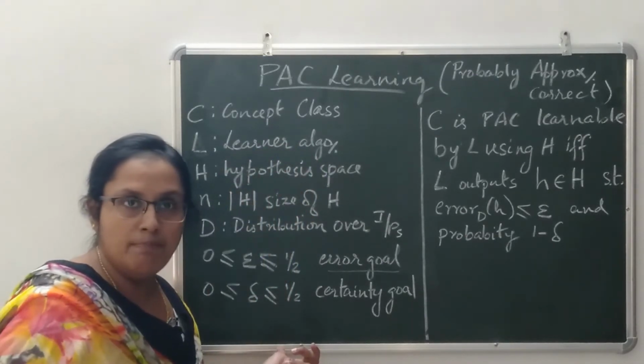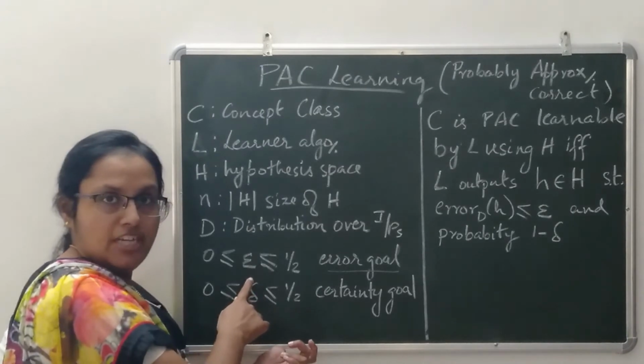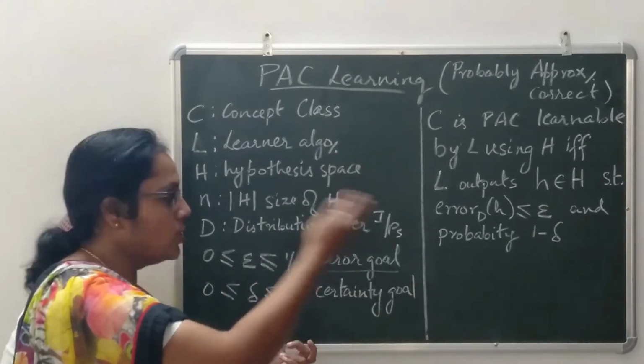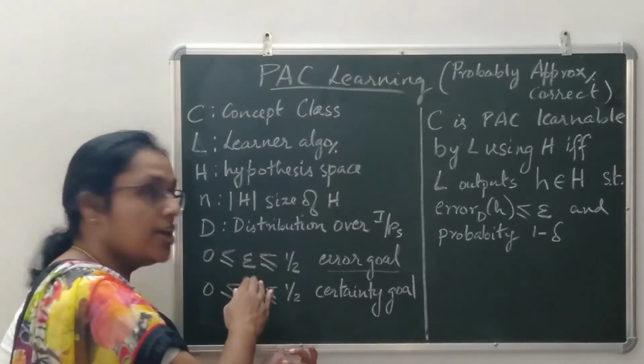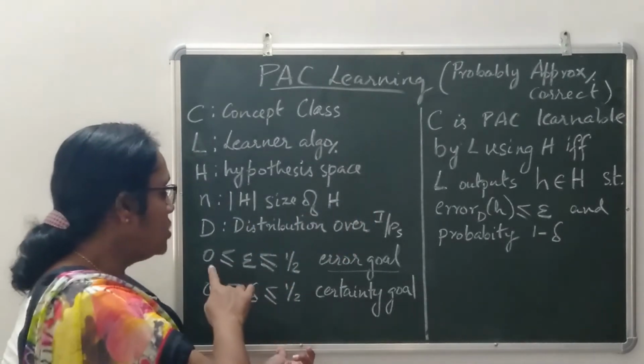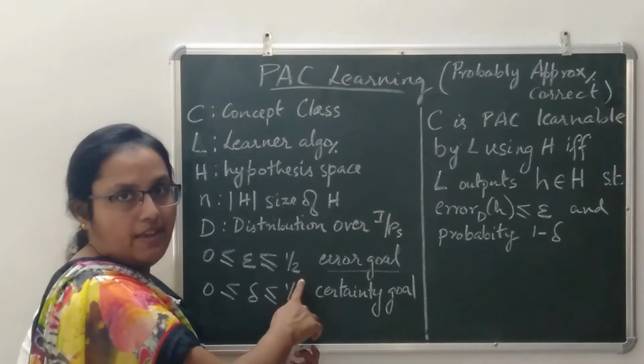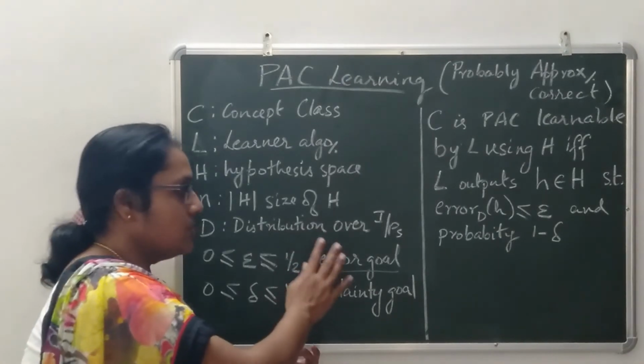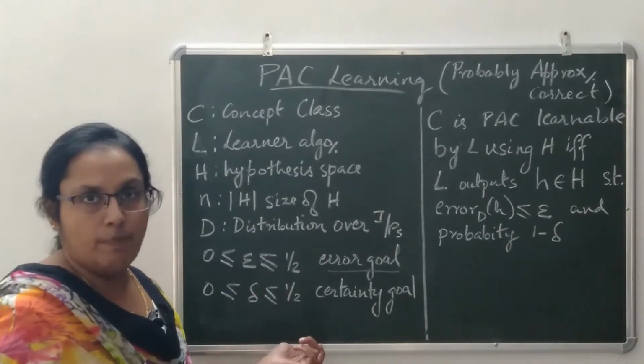That is what I mean by error goal. It should not be greater than epsilon. And epsilon cannot be a very large value. Epsilon has to be some value between 0 and 0.5. This is one parameter that is required for PAC learning.